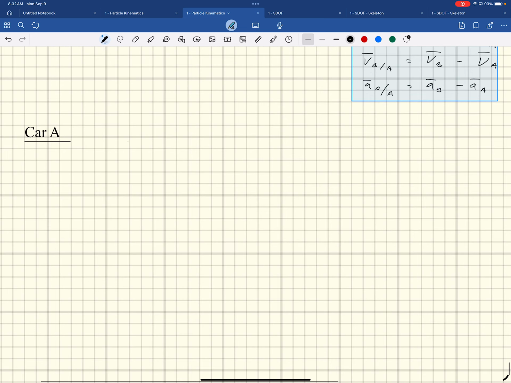The velocity of A in polar coordinates, of something traveling around in a circle, is just going to be r omega in the e theta direction, or VA in the e theta direction.